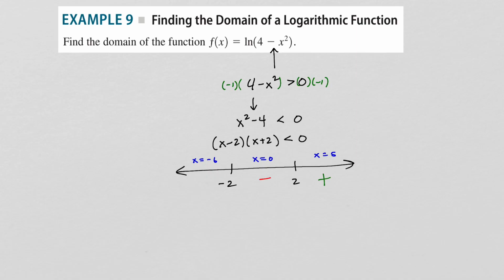And when you plug in negative 6, you will once again get a positive number. However, as I just mentioned, we want it to be negative, because that's what less than 0 means here. So the solution is all the values in between negative 2 and positive 2. And that concludes this video lesson.